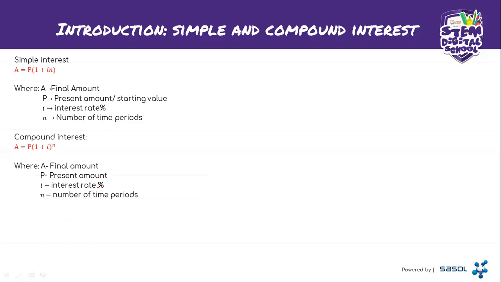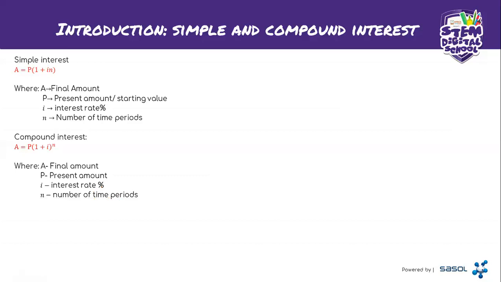Please don't forget, my dear learners, that when we are dealing with I, from the scenario, when you take it to our formula, make sure that you always divide it by 100. You will understand when we get into questions how we are going to treat the interest rate. And N is the number of periods, the same number of time periods.